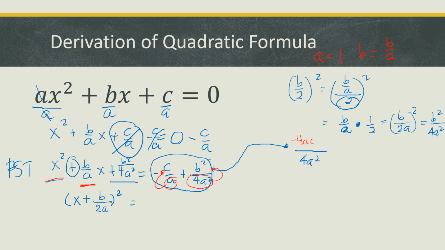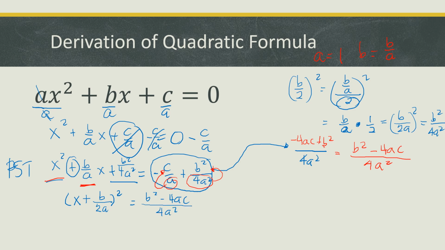Multiply by b squared, we have now plus b squared. We can interchange these two terms. That will become b squared minus 4ac all over 4a squared. So we have here b squared minus 4ac all over 4a squared.